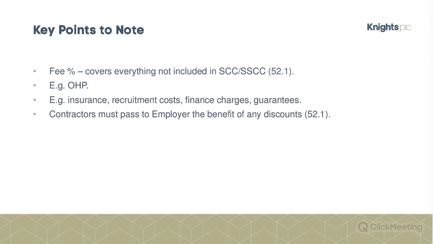Your insurance premiums are covered in this fee percentage. Recruitment costs, finance charges, guarantees, bonds, anything like that. So probably that second category, they're not huge costs. The key one is going to be overhead and profit, but don't forget about them.